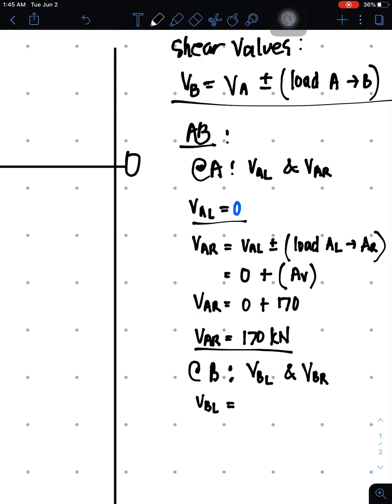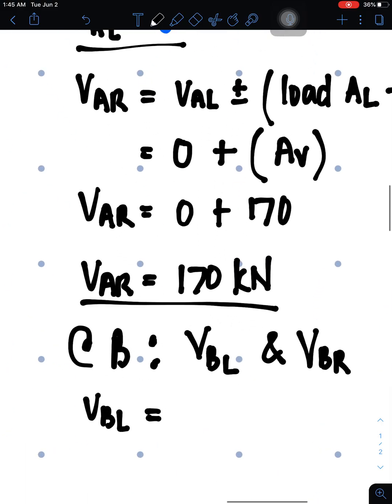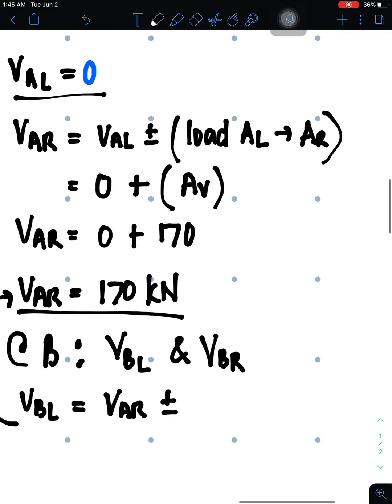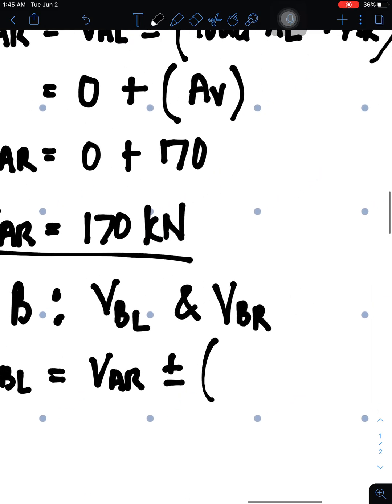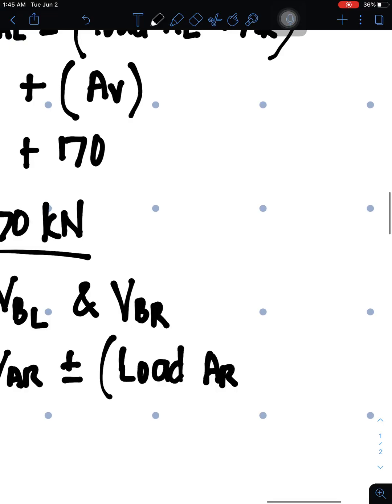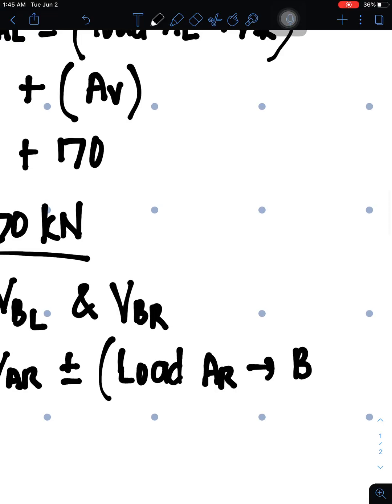What is the previous value in order to get the B left? All we have to do is remember the previous value here. That is our previous value, so it's now VAR, then plus or minus the load from AR to B left.